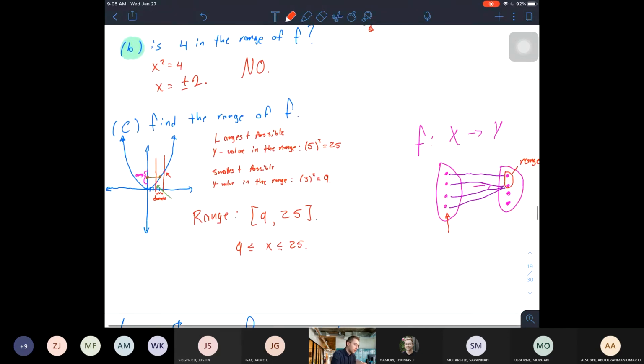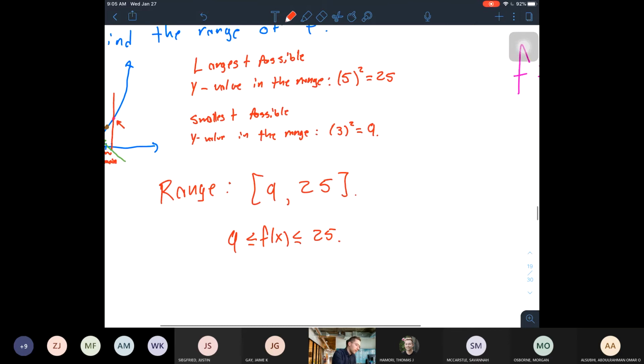Or I could have said f of x takes values in the interval 9, 25.